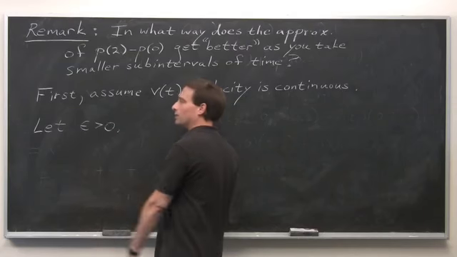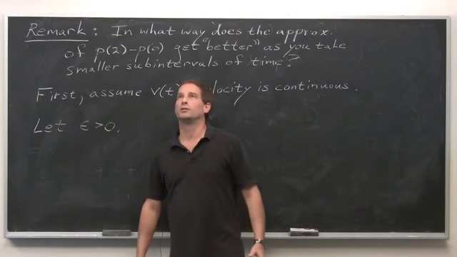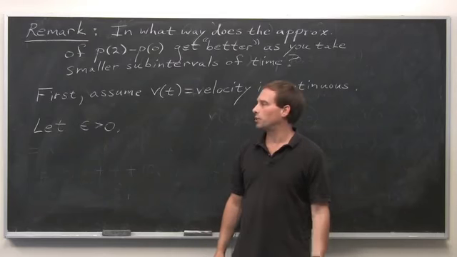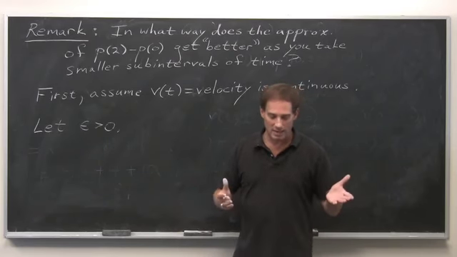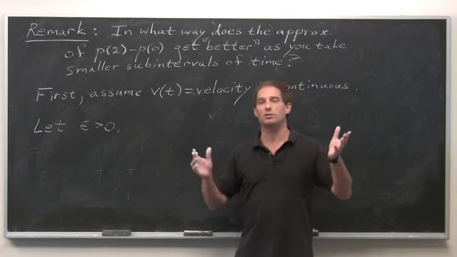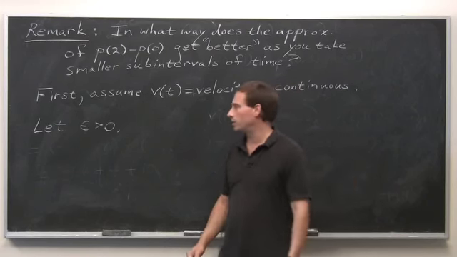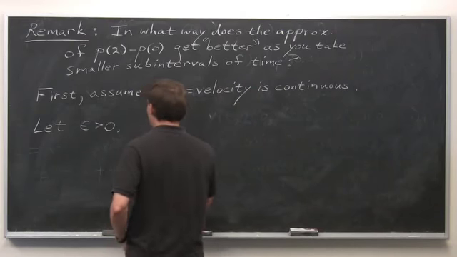So you pick that. You tell somebody, I want to know that my approximation of the displacement by the process we were using is within 0.00001 of the actual displacement. Let epsilon be greater than 0.